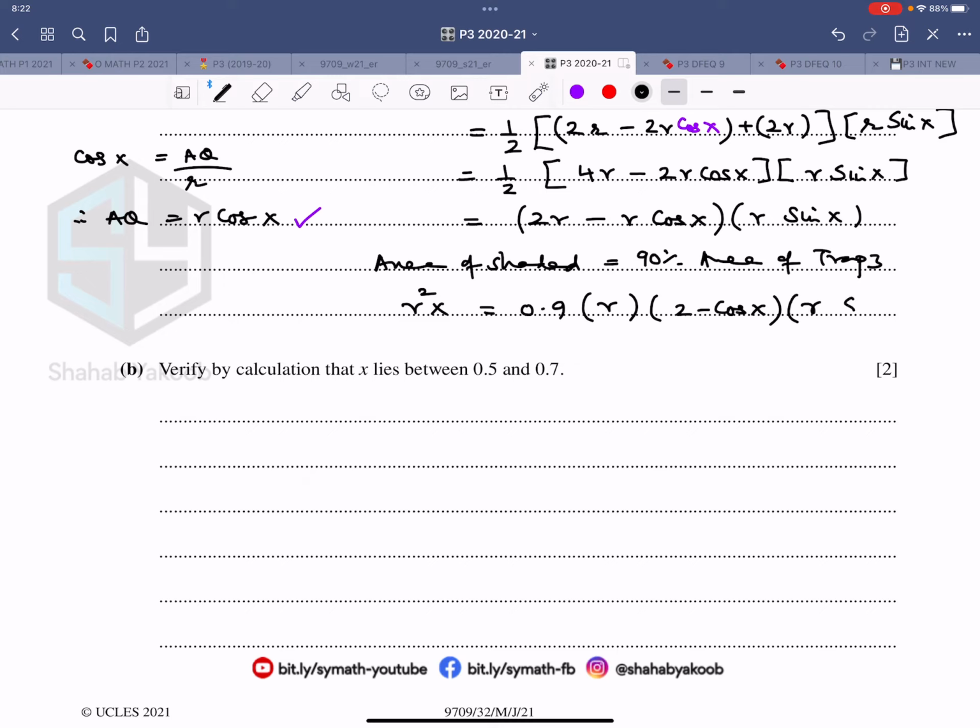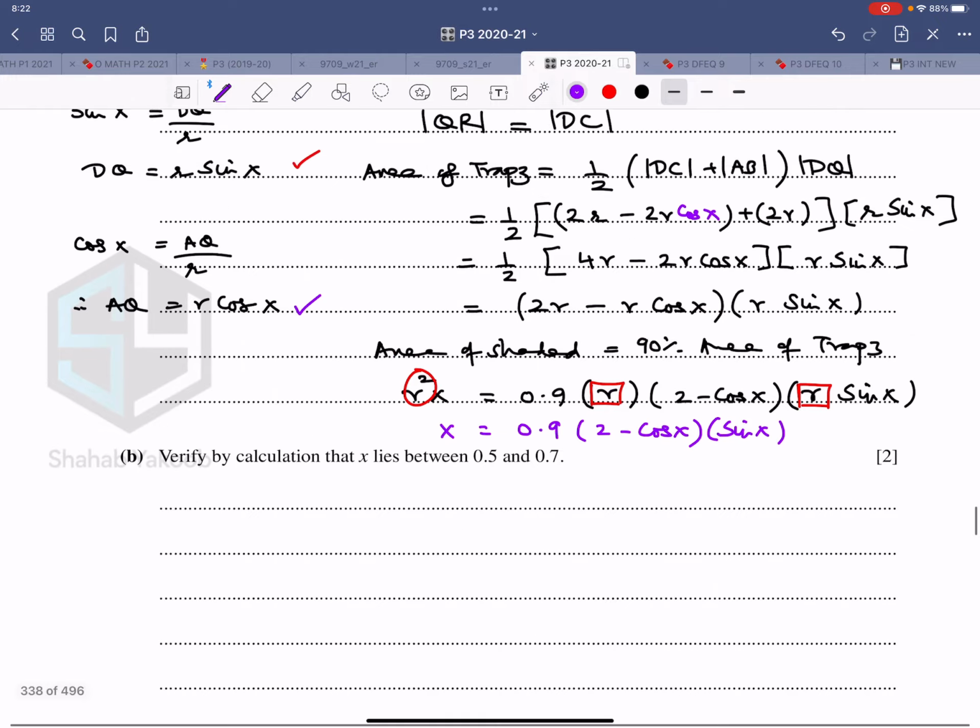I think the final time has come. This is r, this is r, this is r square. So you are left with x equals 0.9, 2 minus cosine x multiplied with sine x. Is that the answer? Yes, that is the answer.